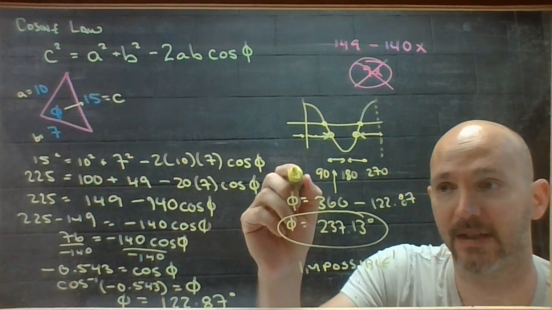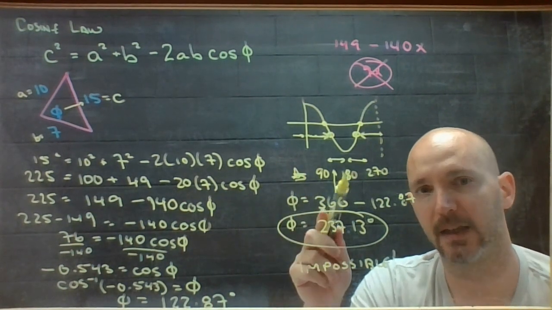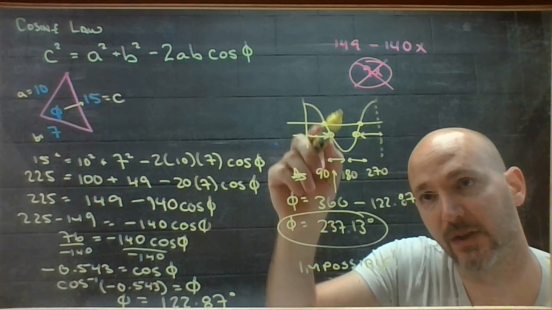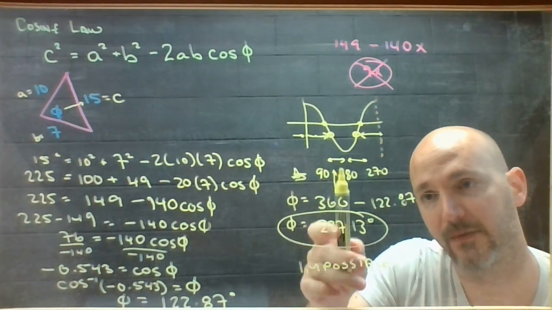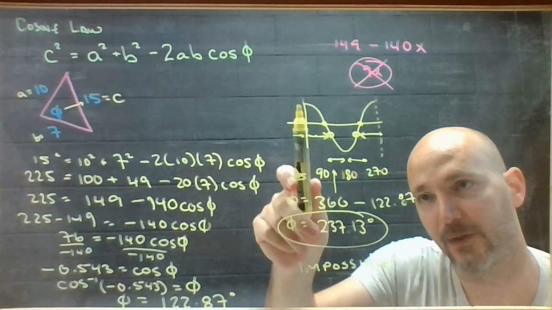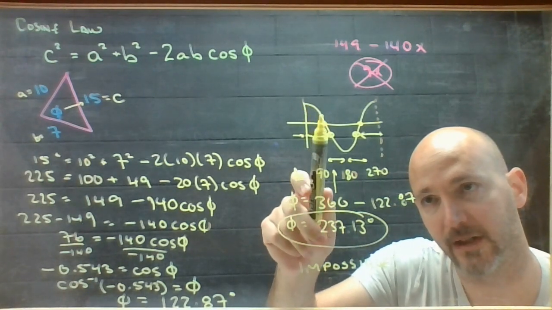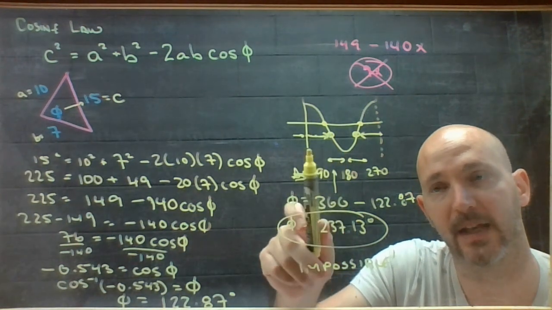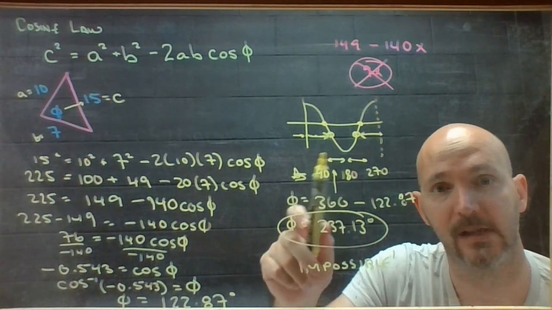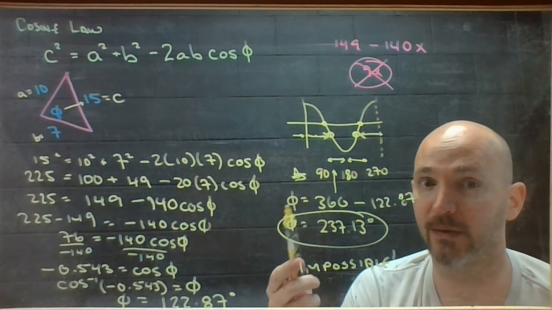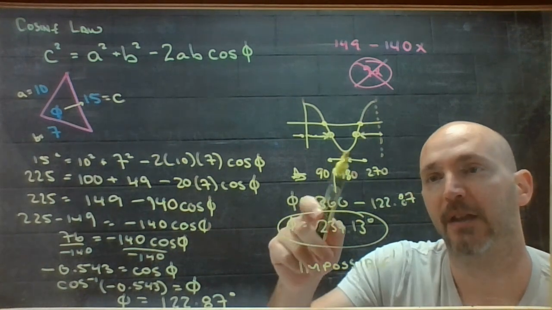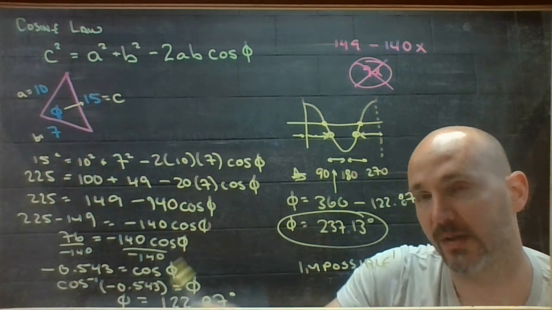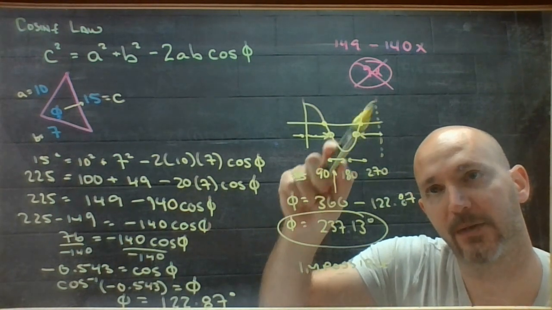Now this thing, if you notice, if you're trying to do a triangle, your first solution is going to land either on this curve here, or it's going to end up there, because those are where the angles up to 180 are. And those are the only angles that are allowed in a triangle. Your second solutions for cosine fall over the 180 mark, right?